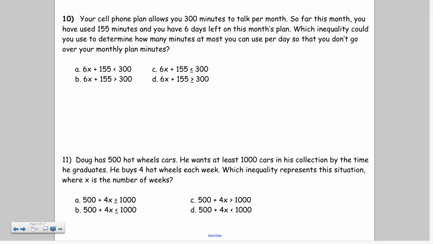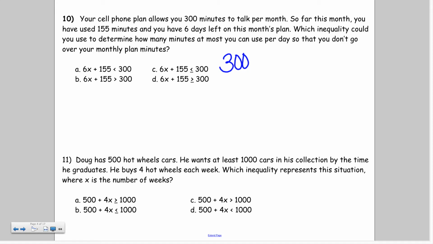It says, your cell phone plan allows you 300 minutes to talk per month. So far, you've used 155 minutes and you have 6 days left. Which inequality could you use to determine how many minutes at most you can use? So you know that you have 300 minutes a month. You know you can't use any more than that.